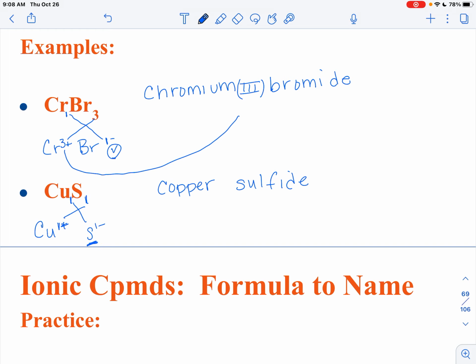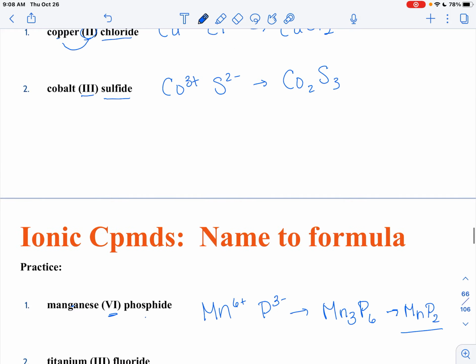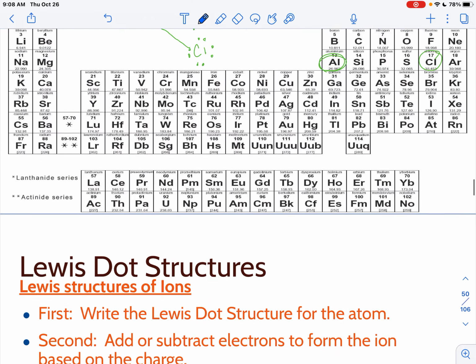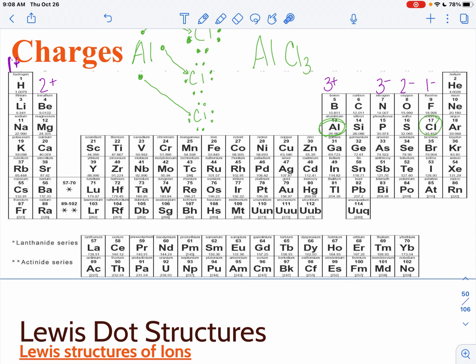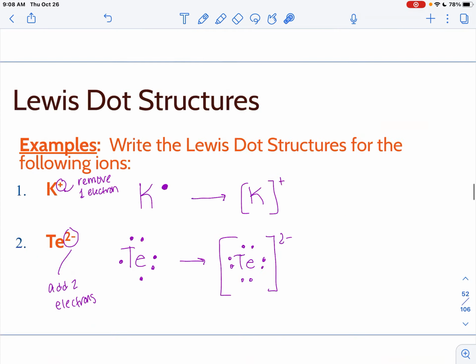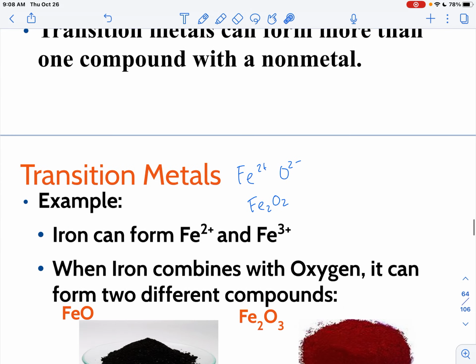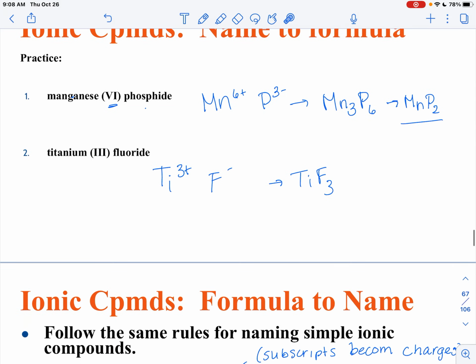We then need to check our nonmetal. So we look up sulfur on our periodic table, and we see what charge sulfur gets. Sulfur is right here. So look, it gets a 2- charge. But in our problem, it has a 1- charge. So that tells us that our formula had been simplified.